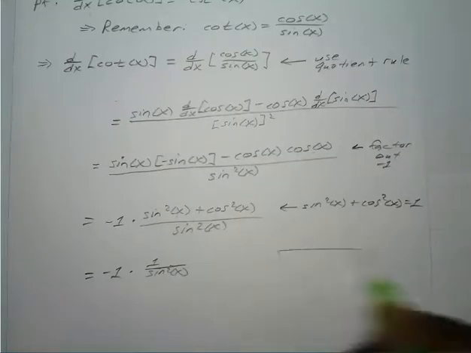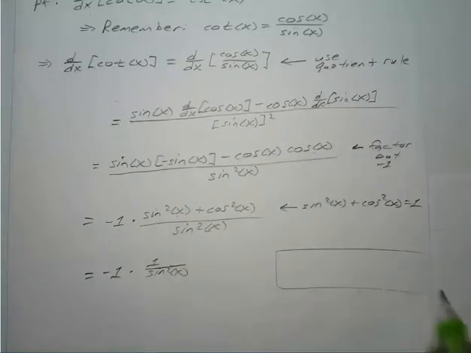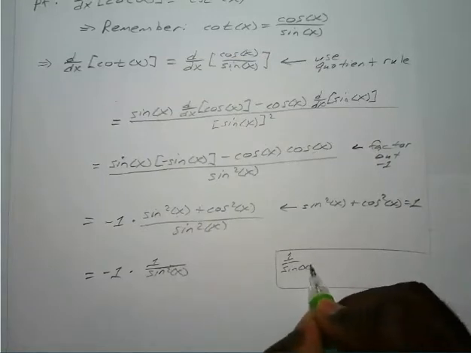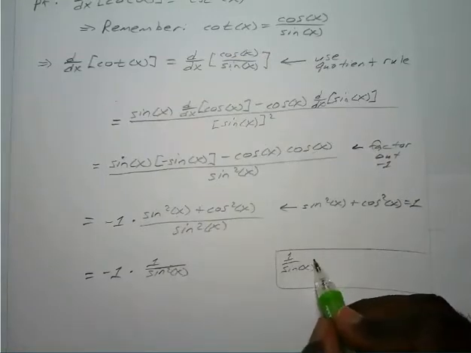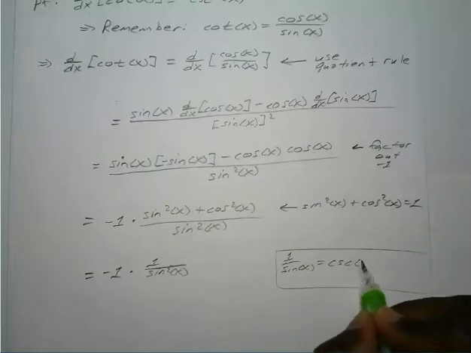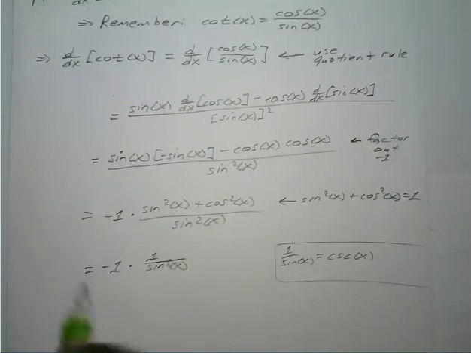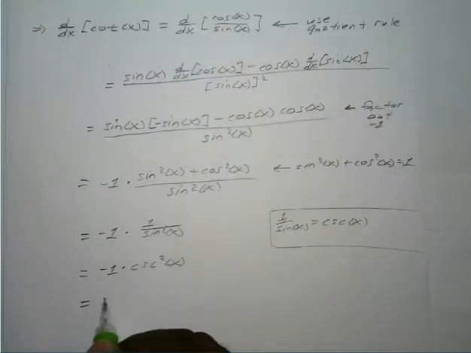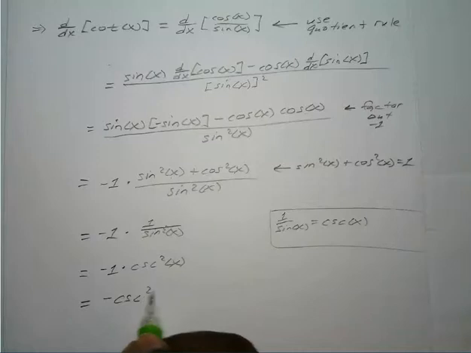Okay, so if you remember, 1 over sine is equal to cosecant. So this gives you negative 1 times cosecant squared, which is just negative cosecant squared.